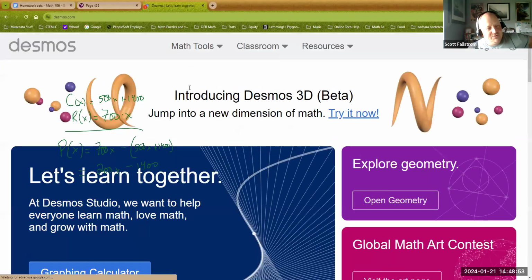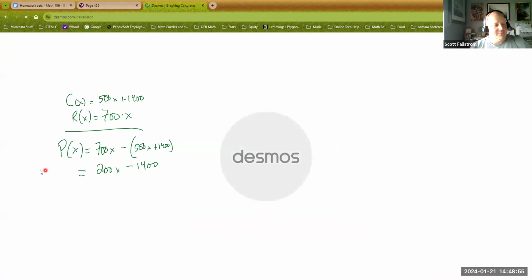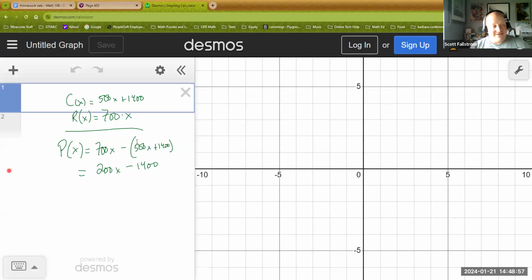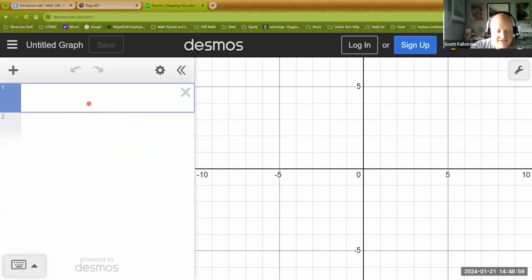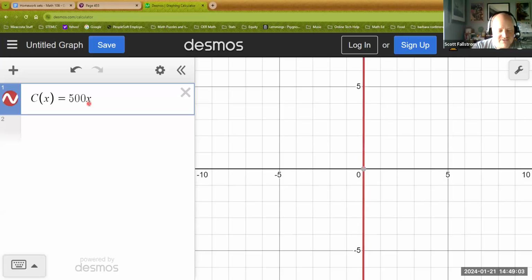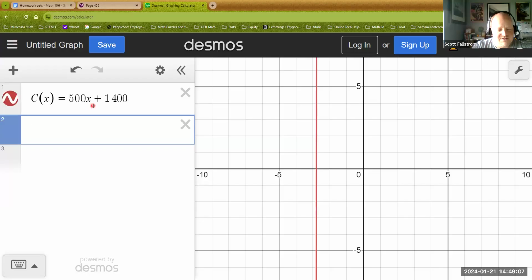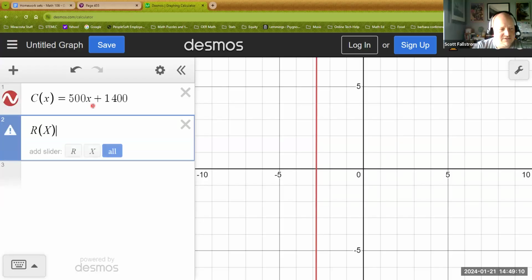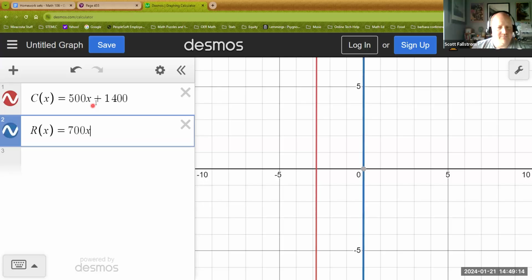Okay, and what I want to do is show you, I'm going to go to the graphing calculator option, and I'm going to type these in. I'm going to say C of x equals 500x plus 1400. Okay, and then I'm going to say revenue of x is, what do we say, 700x, right?